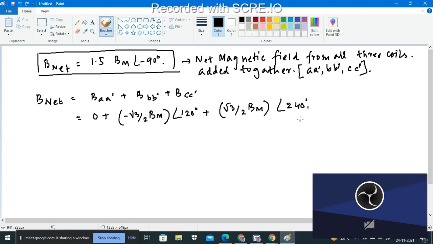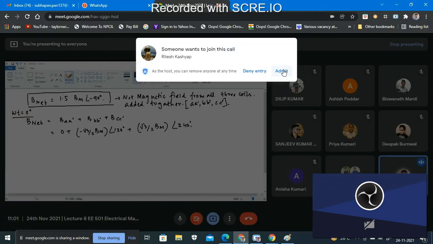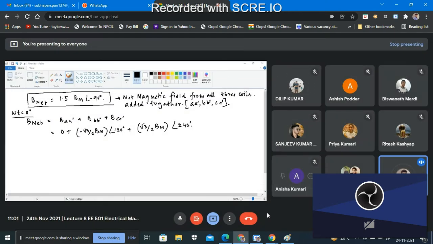Right. So if we see the vector representation of the magnetic field in a stator at time omega t equal to 0 degree, how will it look? What will the vector representation look like?